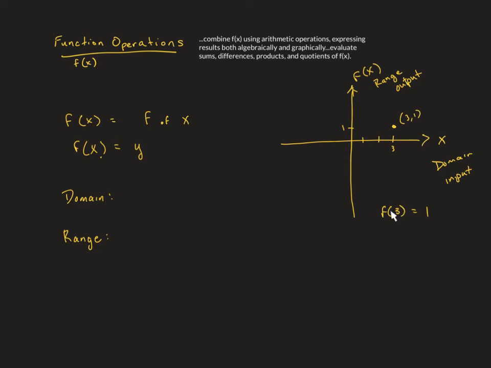So f of 3, x is 3, when x is 3, y equals 1. And that's just my function notation, trying to remember some of those things. And again, my domain is my x, my range is my y, or my f of x.